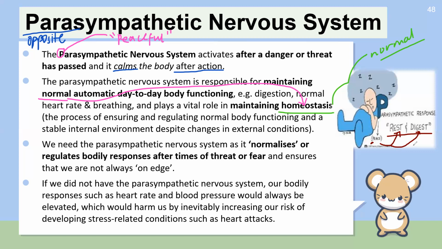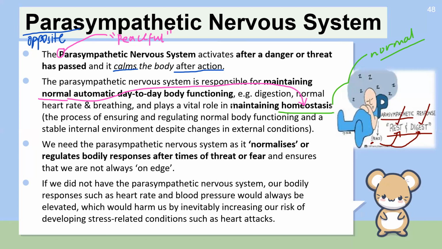And so when the stressor has passed and you come back to parasympathetic nervous system activation, you're able to continue to rest and continue to digest. So that's just another tip there for you. That's what the parasympathetic nervous system does.